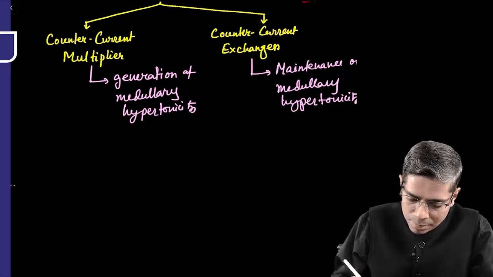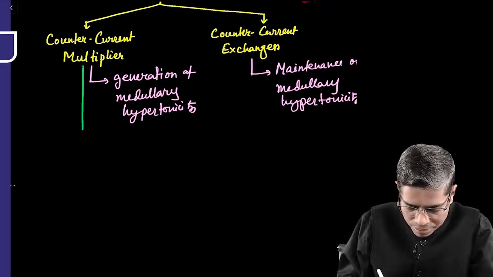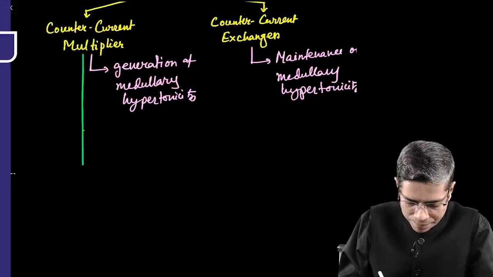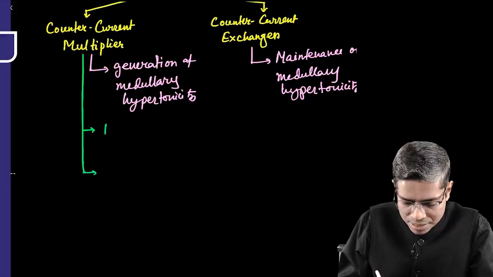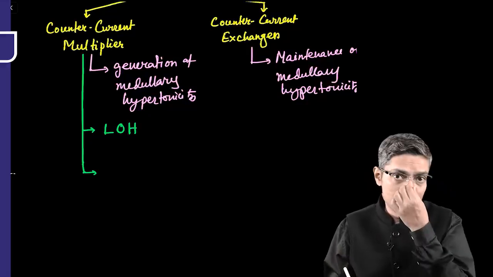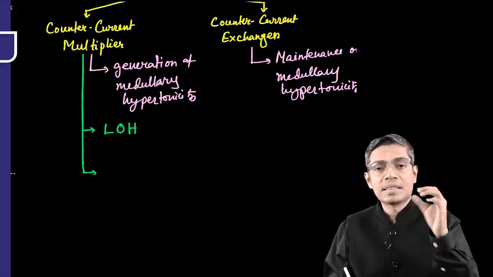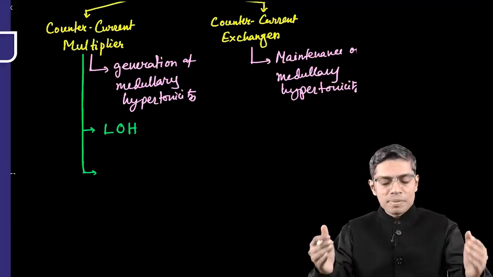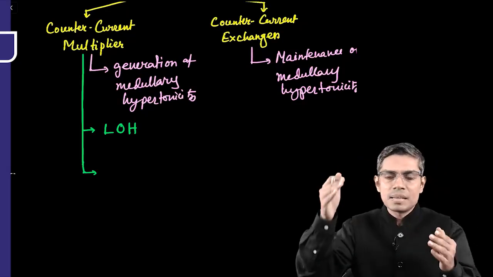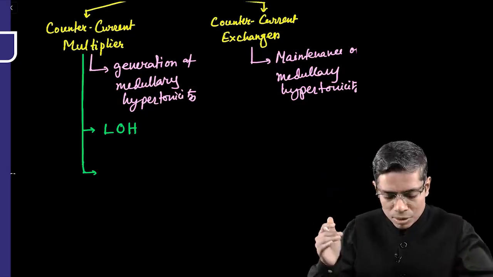The main part of the nephron which is doing this job is the loop of Henle of the juxtamedullary nephron. The long loop of Henle in the juxtamedullary nephron is the main part. Now if I ask you, loop of Henle means there is a descending part and an ascending part. What is the main segment of the loop of Henle?